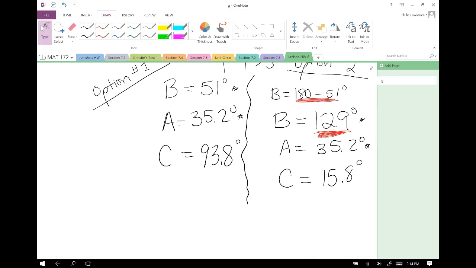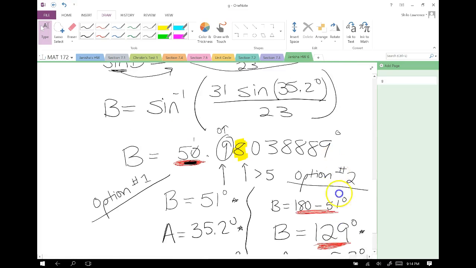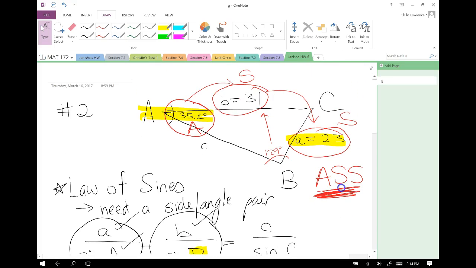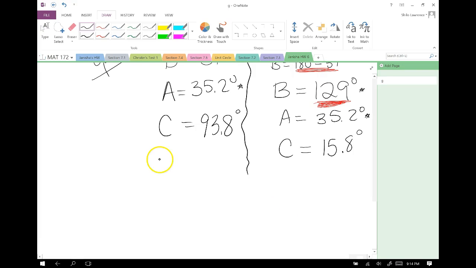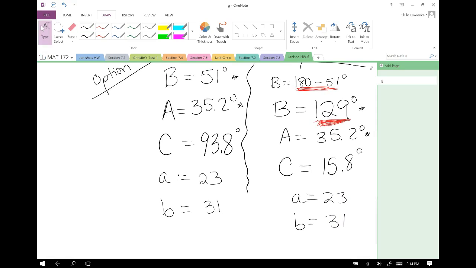We also know a couple of the sides. We know that side A is 23 and side B is 31. So the only thing we're missing right now to finish this problem is side C. So we're going to do law of sines one more time.